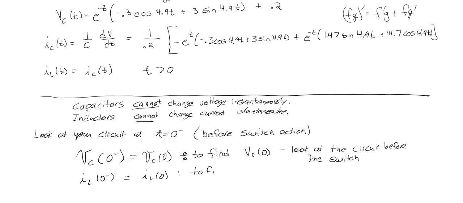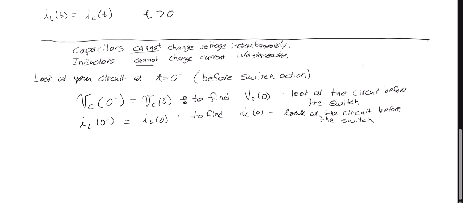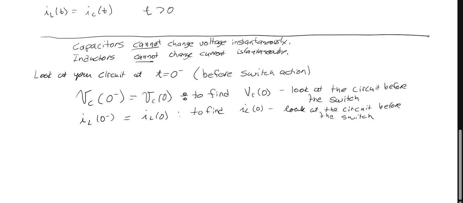And so to find IL of 0, look at the circuit before the switch. And those rules have to be true.